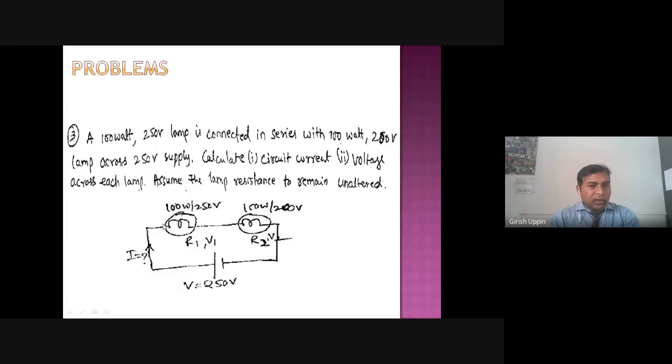We can calculate it using P is equal to V square by R.